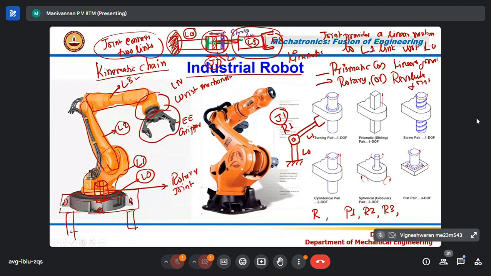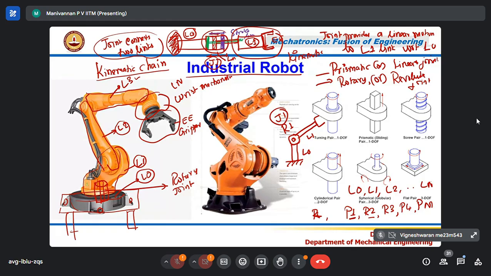If the fourth joint is prismatic, it is mentioned as P4. I told you joints are numbered 1, 2, 3, up to N. Similarly, the links start with L0, L1, L2, like that up to LN. The last link can be LN. This is the general terminology used.